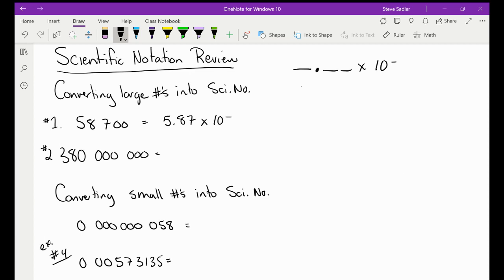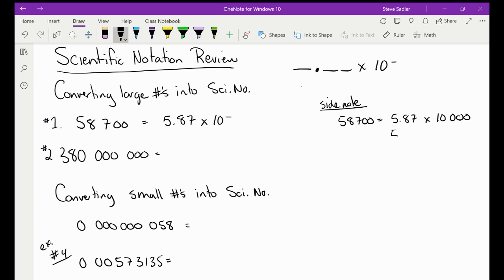We don't know what that exponent's going to be. So what's happening is, just a little side note here, if you don't remember this, 58,700 is the same as 5.87 multiplied by 10,000. If I multiply those together, then I'm going to get 58,700.